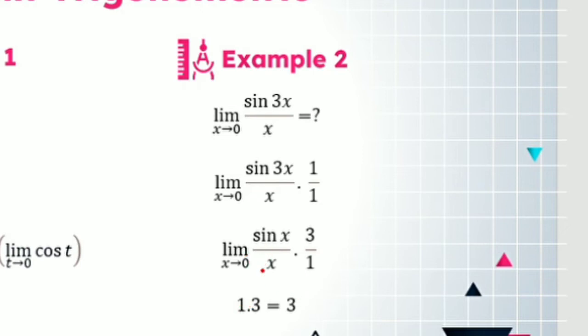Sin x divided by x equals 1. So we have 1 times 3 equals 3. That is my explanation. The other examples will be continued by my friends Idalia and Romi. Thank you.